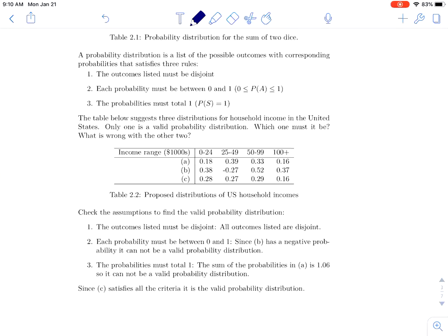Next thing we have to check: any of these options that have a probability that's not between 0 and 1 is out. So it can't be this one. It can't be B, because we can't have a negative probability.